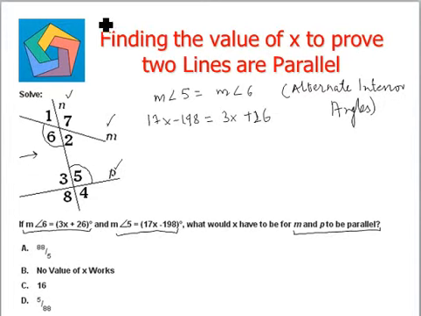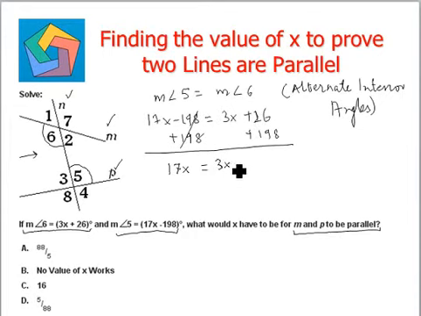To find out the value of x, we start by adding 198 to both sides. This cancels to 0. 17x equals 3x plus 224. Now we'll subtract 3x from both sides.